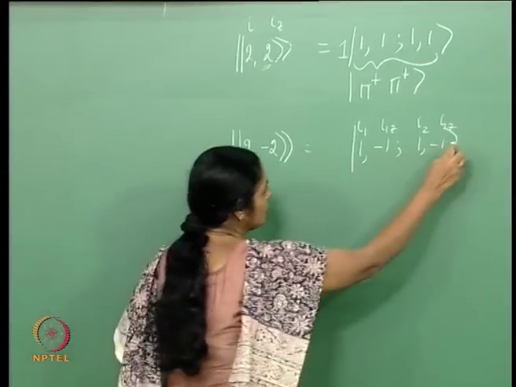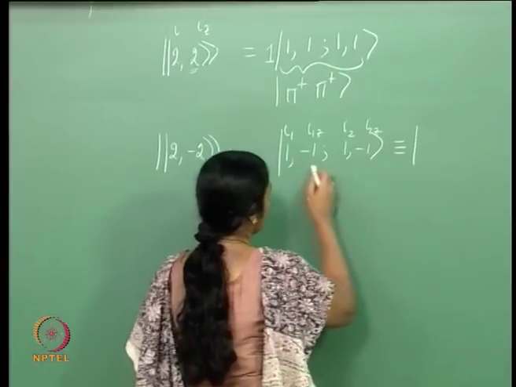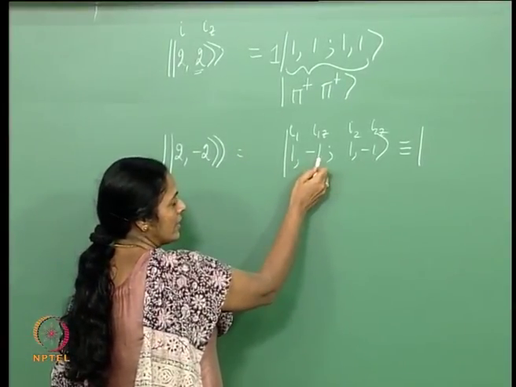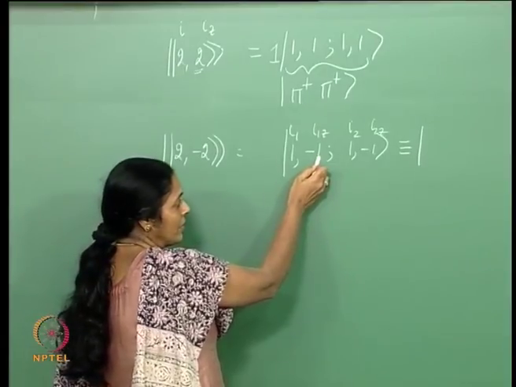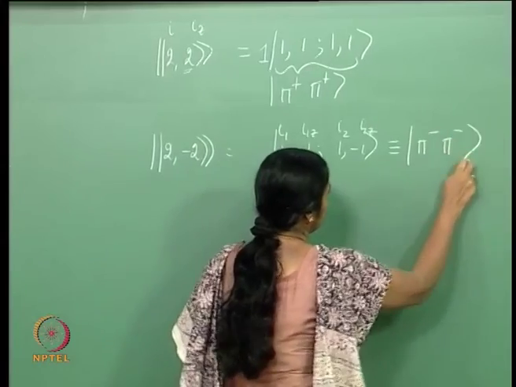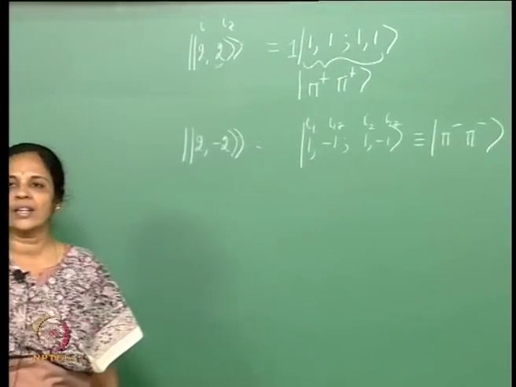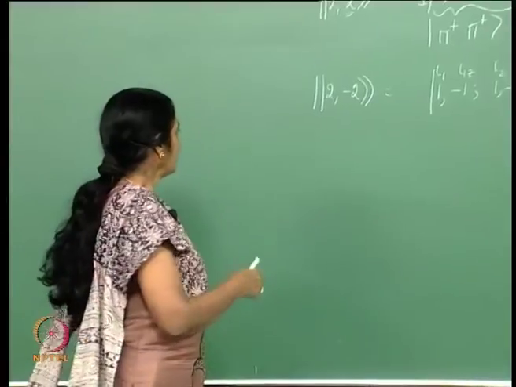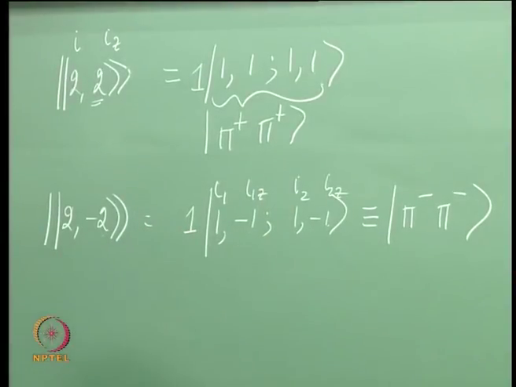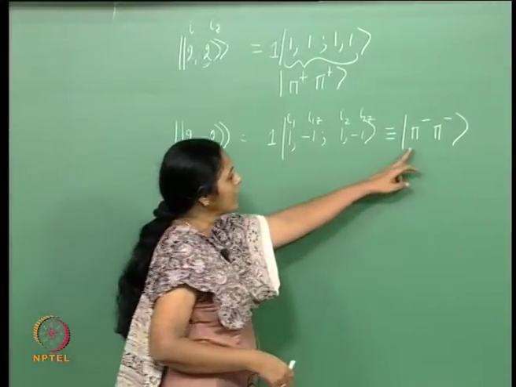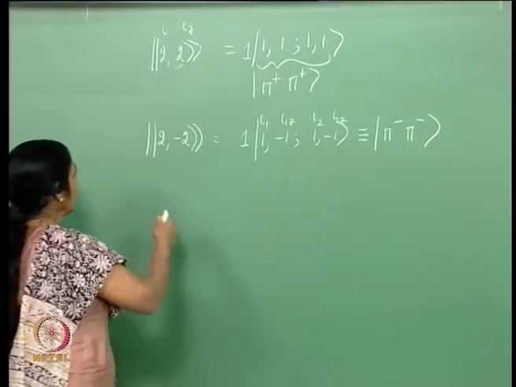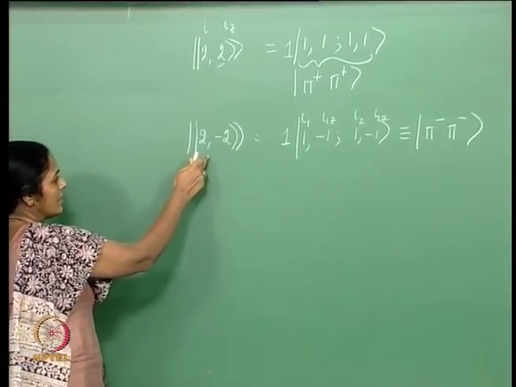Now in terms of particle content, this state with isospin 1 and the third component of isospin being minus 1 is the pi minus, and therefore I have this case 2, minus 2, CG coefficient 1, and that really came from the uncoupled basis states pi minus, pi minus. So this is another stretched case.